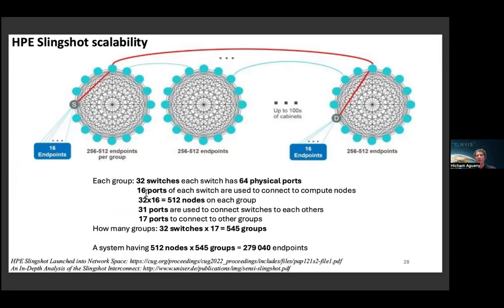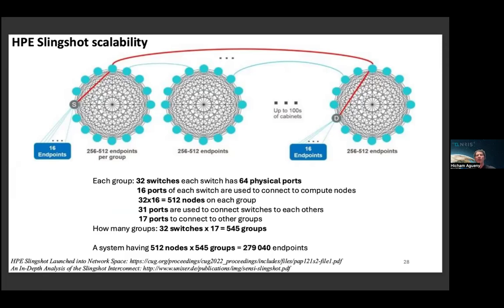Only 16 ports of each switch are used to connect to compute nodes. The other 31 ports are used to connect switches to each other, and the rest are for connecting groups to each other. So in total, we get 512 nodes in each group, and we have 545 groups. We get a total of 279 thousand endpoints. This is a very complex system.